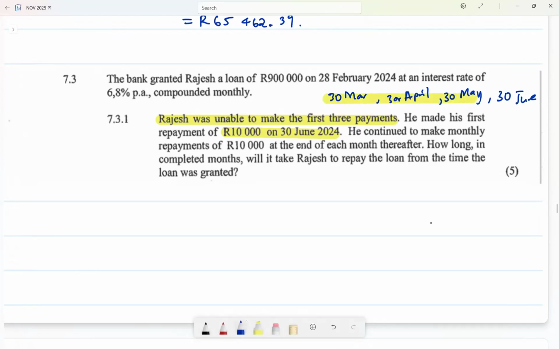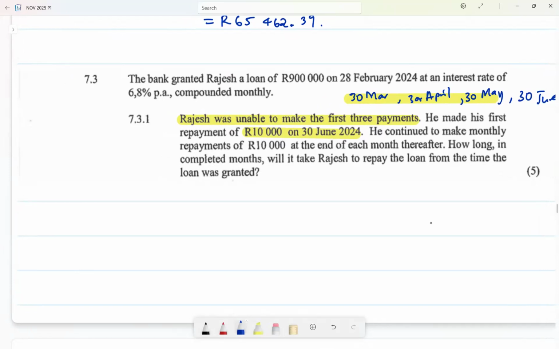When you skip 3 months, the bank will put interest on your amount. So your P will now be 900,000 with some interest for those months that you missed. This is 0.068 divided by 12. How many months did he miss, Rajesh? 3 months.